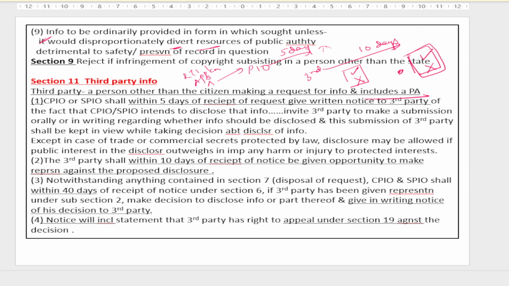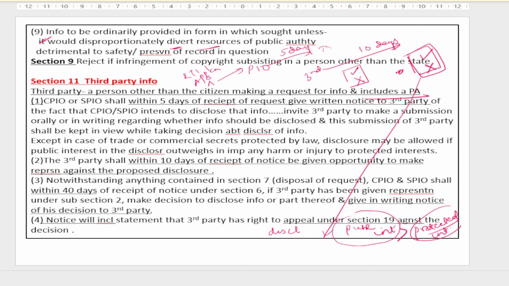Now suppose the third party consents to disclosure of information, then the PIO will disclose the information. But suppose the third party does not consent to disclosure, then either the PIO can agree to it, or the PIO can even still take a decision to disclose the information if the PIO thinks that the public interest in the proposed disclosure of third party information outweighs any harm to protected interest.